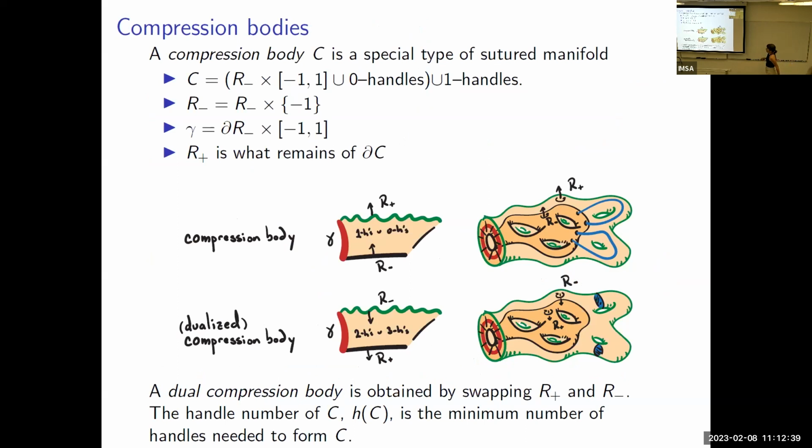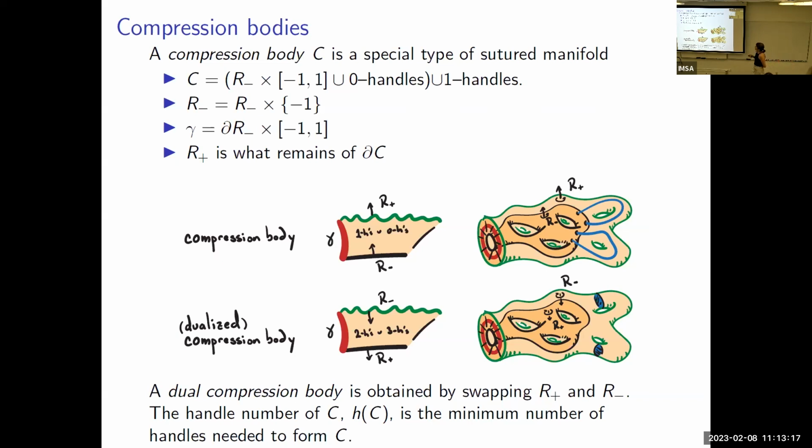Jennifer already talked a lot about compression bodies and handlebodies. So I'm going to repeat the definition, but looking at them as sutured manifolds, and this also allows more general compression bodies. We start with R minus, a compact surface, and we allow that surface to have boundary.